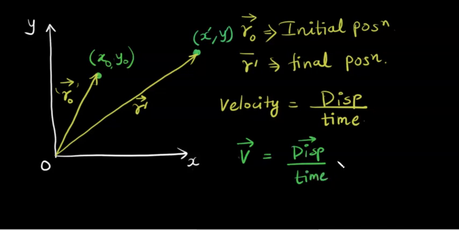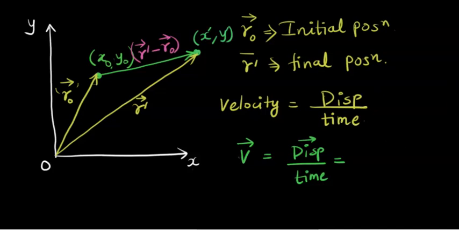So what is the displacement vector? It is the vector that starts from the initial position and goes to the final position. How will you denote this vector? See, r0 bar plus this green vector is r dash bar, so this vector is r dash bar minus r0 bar. This is the displacement vector.